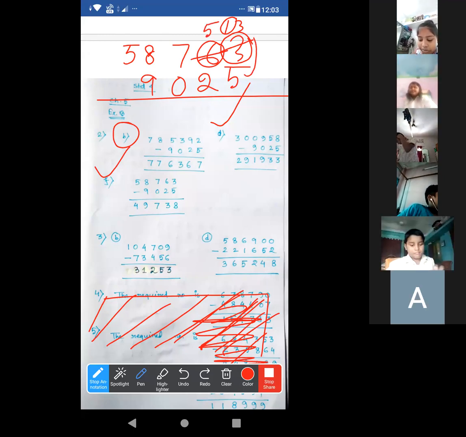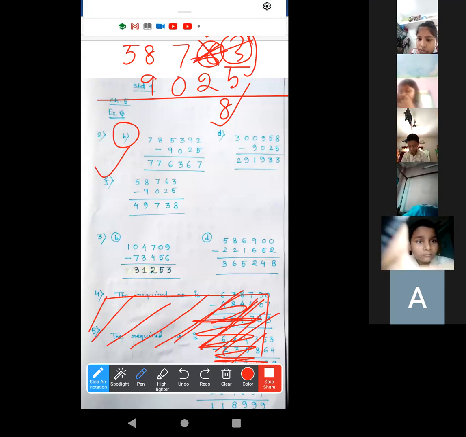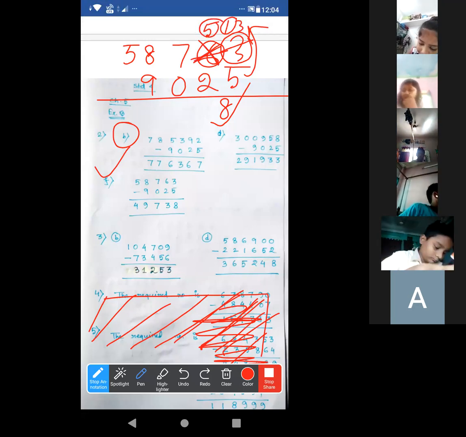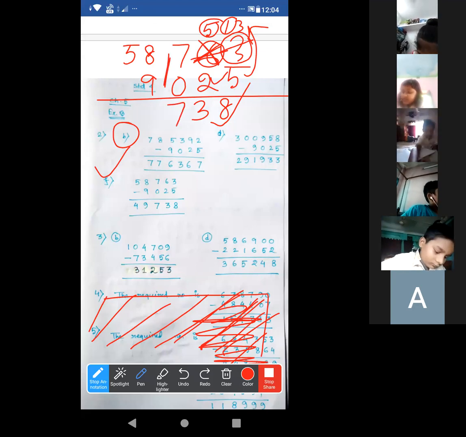Now after 5, start counting till 13. It will be 8 places. Now this 6 is becoming 5. So right now we'll consider this 5. After 2, 3, 4, 5, 3 places. Done. Now this is normal subtraction, no borrowing.